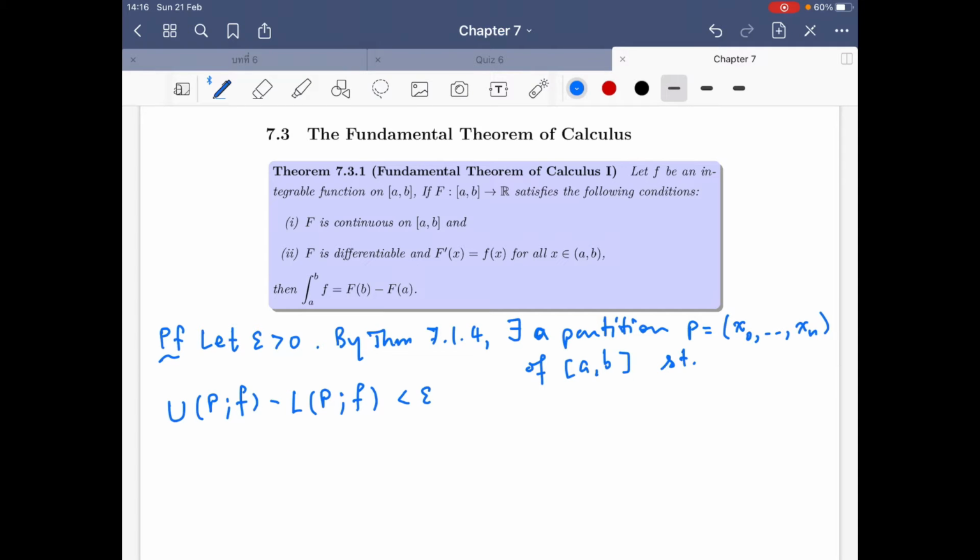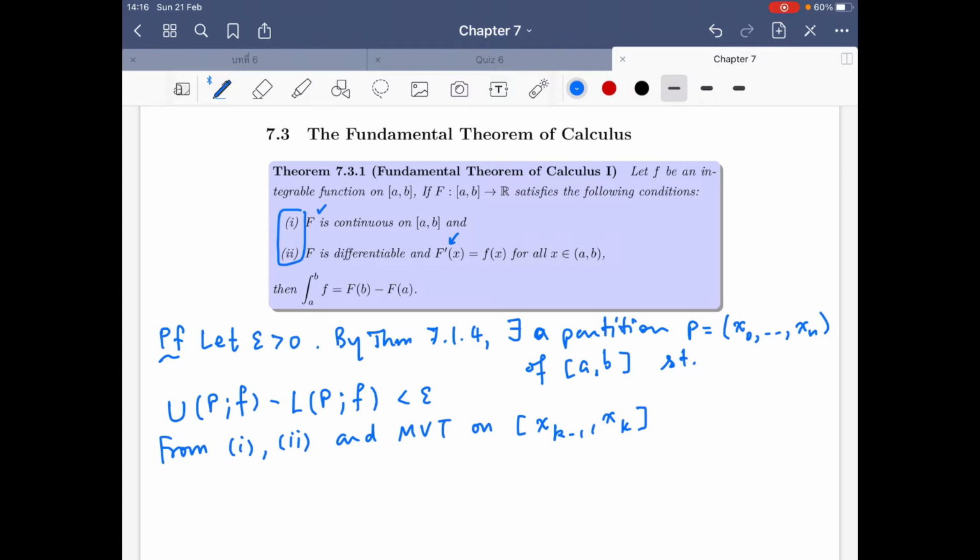From the two conditions, number 1 says that capital F is continuous, number 2 says that capital F prime equals f. So we use the mean value theorem for the capital F. However, we use this on each and every subinterval from xk minus 1 to xk.